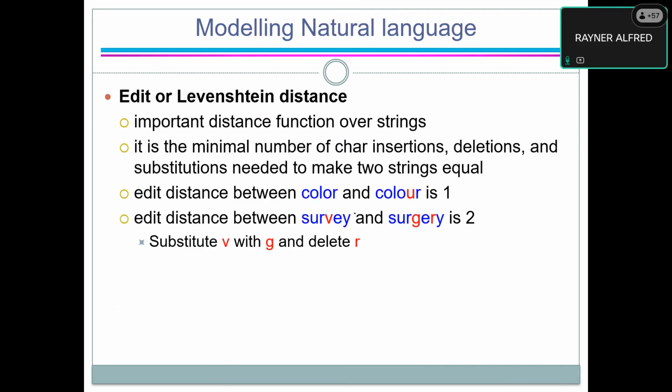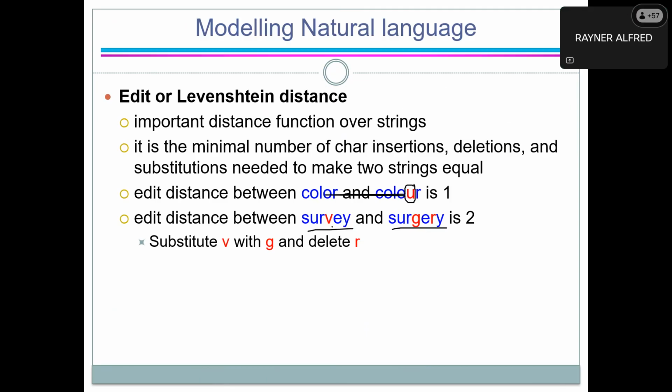We also have the edit or Levenshtein distance. This refers to how many changes we need to make in order to match them. For example, like this, we have color and colour. So we have one operation here, which is to replace. And for this one, we have two operations.